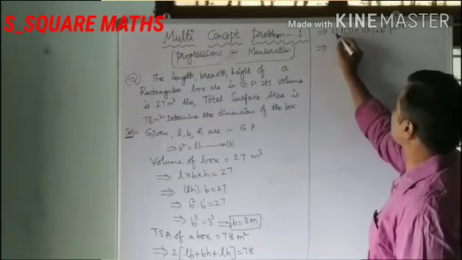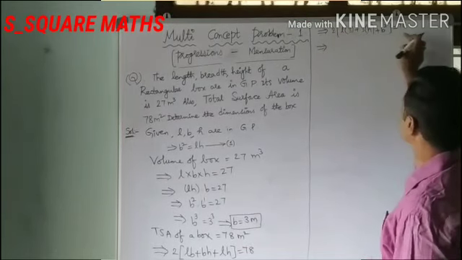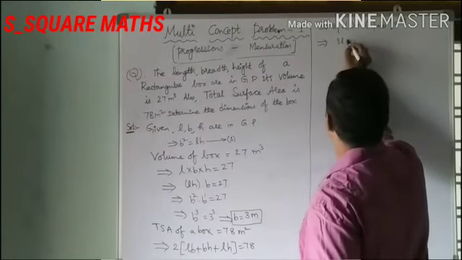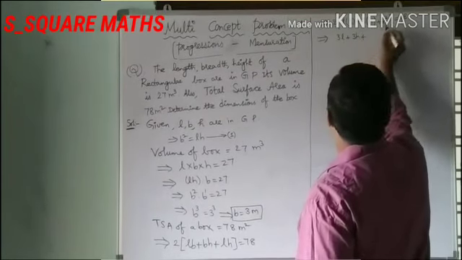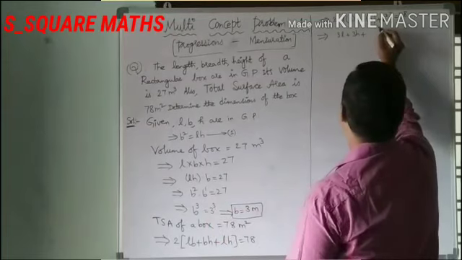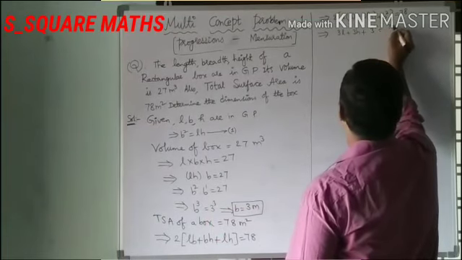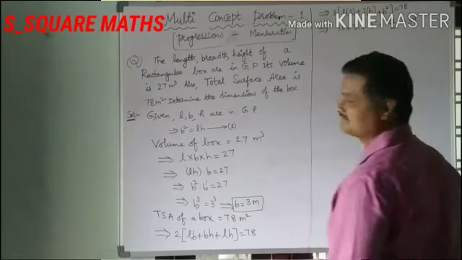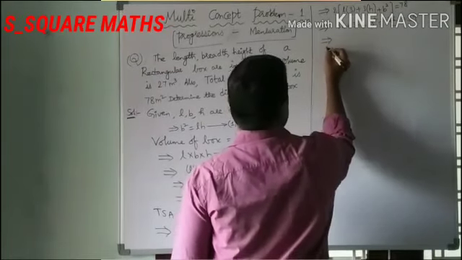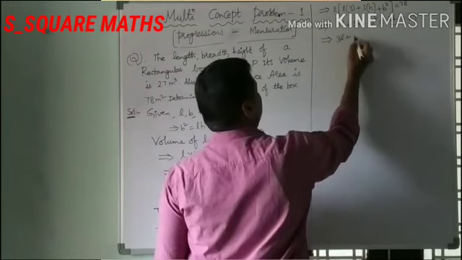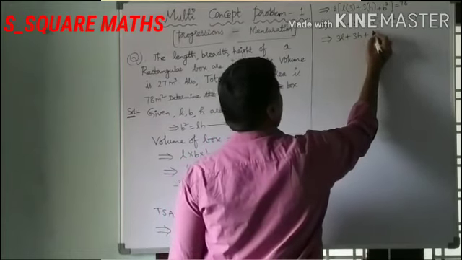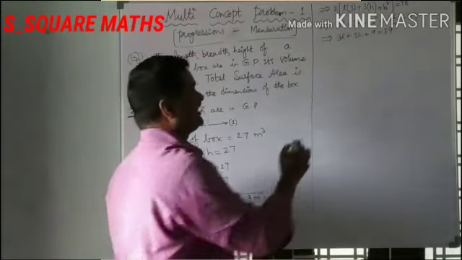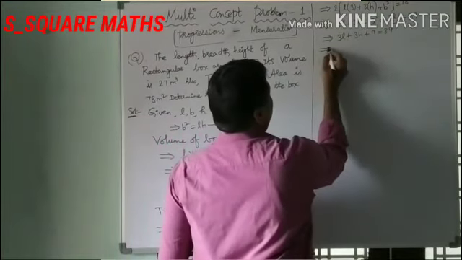Since the operation is multiplication, 2 transposing this side becomes division. So I can write 3L plus 3H plus 3 square, since B value is 3, equals 78 by 2, which gives you 39. So 3L plus 3H plus 9 is 39. 9 transposing to this side becomes minus.